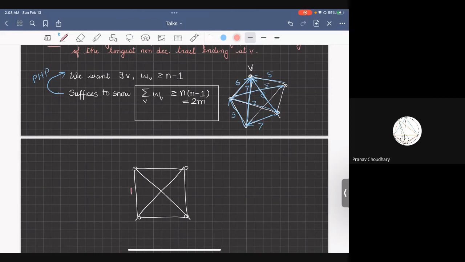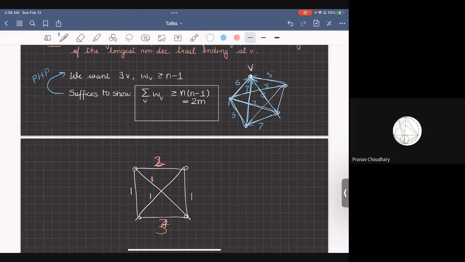If this has 1, 1, 1, 1, and 3 and 6, or 4, whatever, or maybe 2, 3, doesn't matter.